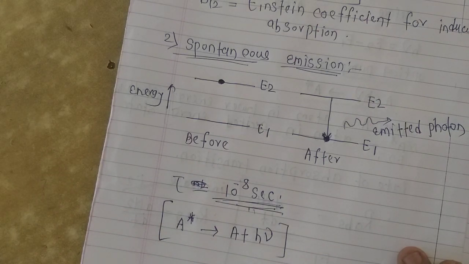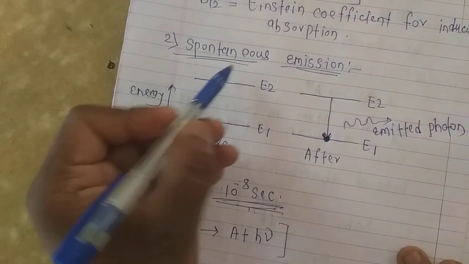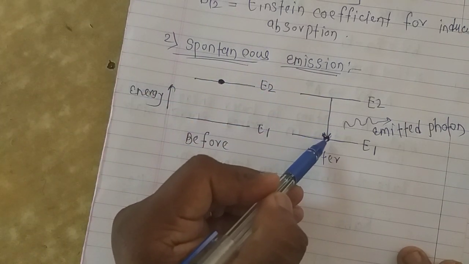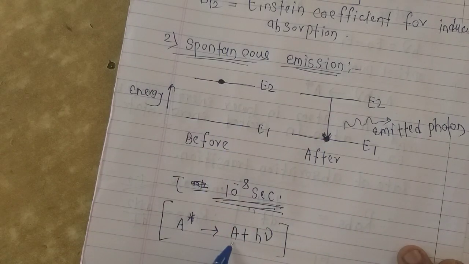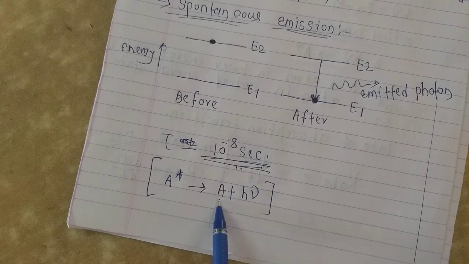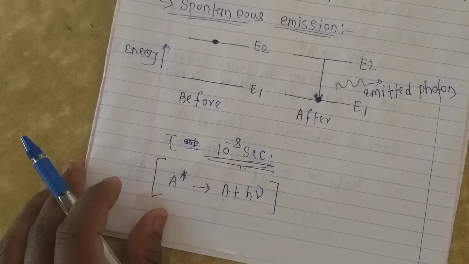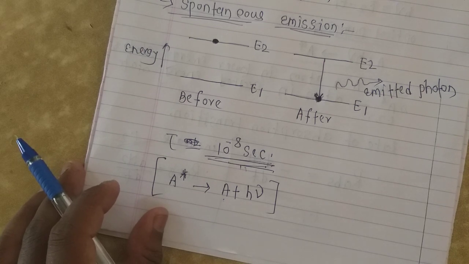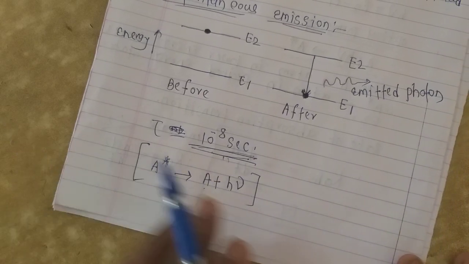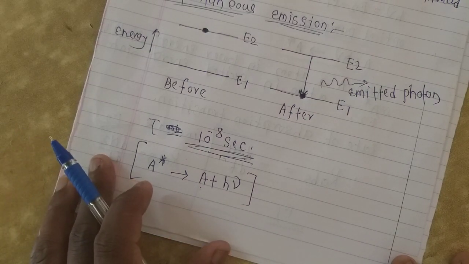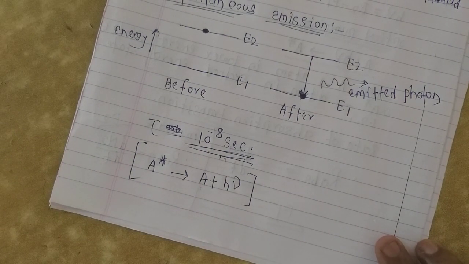Then after 10 raised to minus 8 second, the atom goes to the lower level, and A is the atom in the lower energy level E1. But the photon is emitted, and that process is known as spontaneous emission, or that transition is a spontaneous transition.